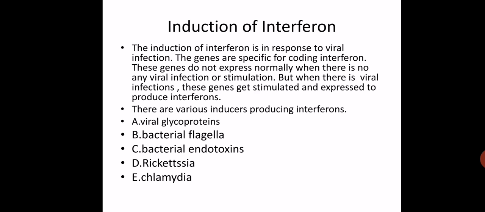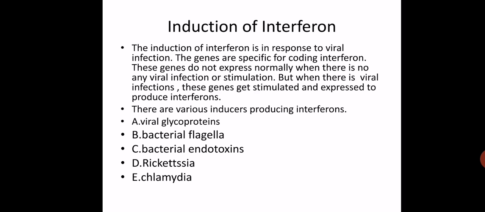The induction of interferon is in response to viral infection. Whenever the cell gets infected by certain viruses, the cells start producing interferon. There are some specific genes which code for this protein, ultimately a glycoprotein.